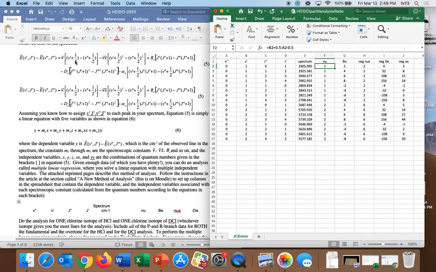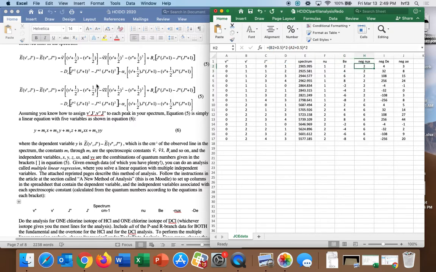So for example, that is nu prime plus a half minus nu double prime plus a half. So I just put that equation in here referring to the cells nu double prime and nu prime, and I distributed the negative value, and so on. So then for the BE, you put in the equation that refers to the J prime and the J double prime.